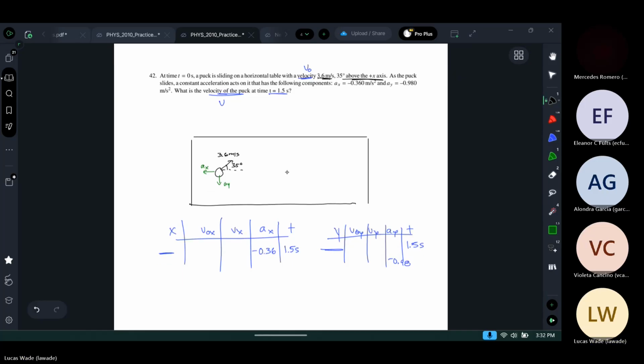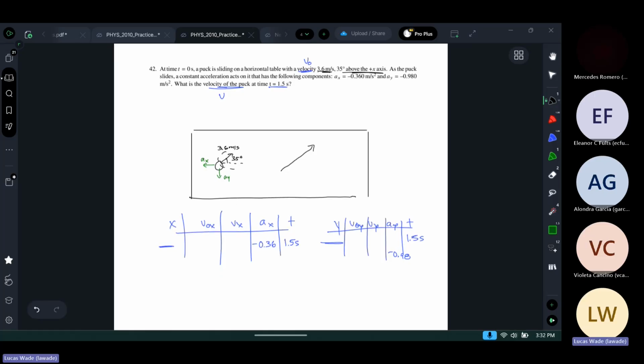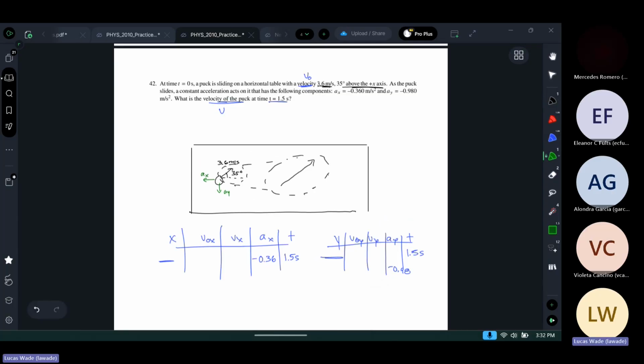So I'll blow up that velocity vector so you can see what I'm doing a little clearer. I'm just zooming in on that. This is my high-tech way of showing I'm zooming in. So this is the overall initial velocity, v0. v0x is how fast the puck is sliding to the right initially. v0y is how fast it's sliding upwards.